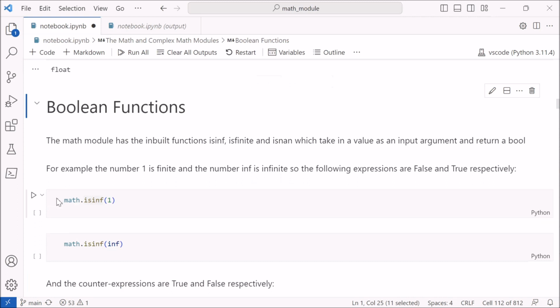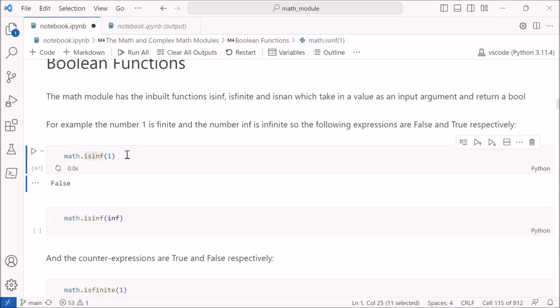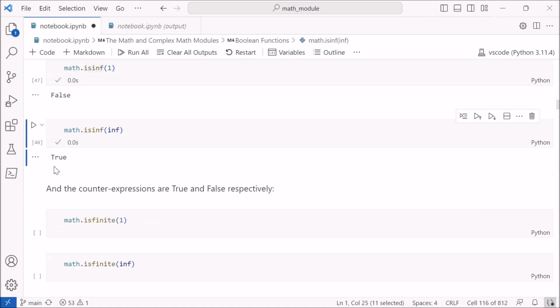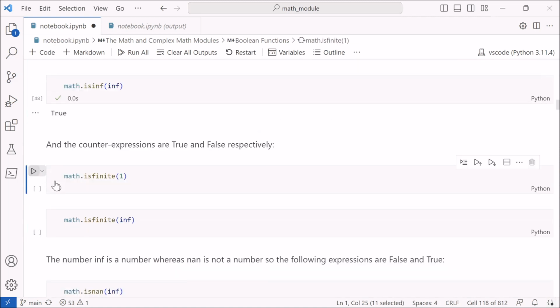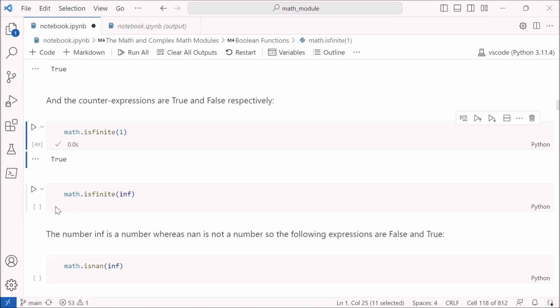So the math module has a couple of Boolean functions which will check to see if these are infinite or finite or not a number, and return a corresponding bool. So for example, 1 is not infinite, so this is false, but infinite is infinite, so this is true. And is finite, 1 is true because it's a finite number.